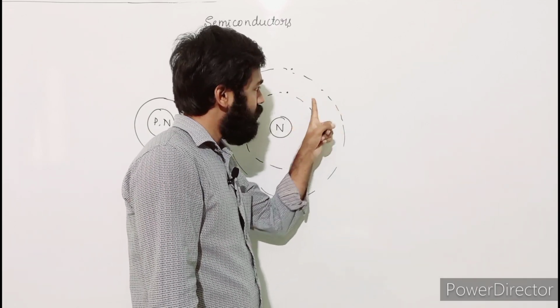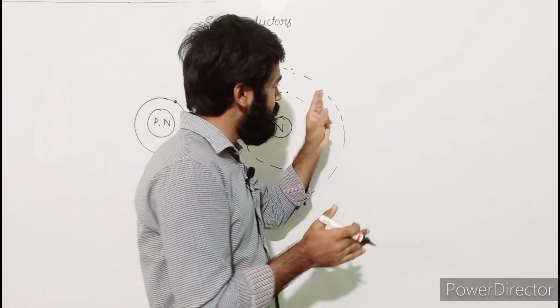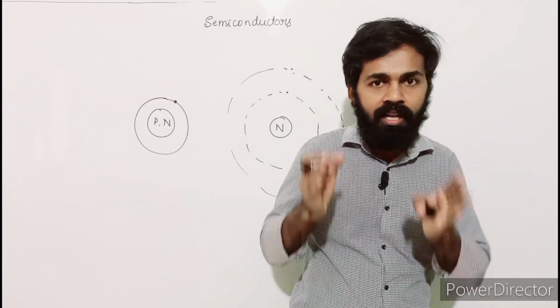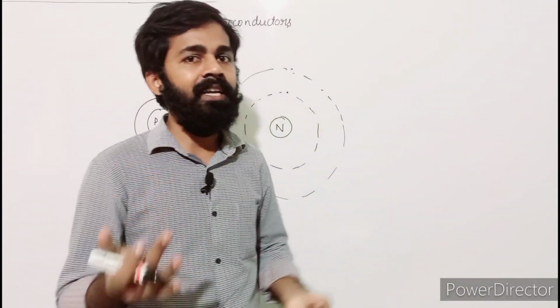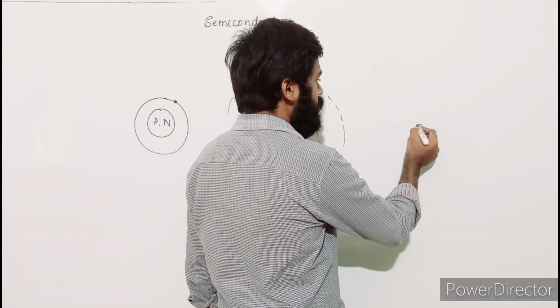So these are called discrete levels. They are not continuous. They have some distance and some energy difference between them. Those are called discrete levels.